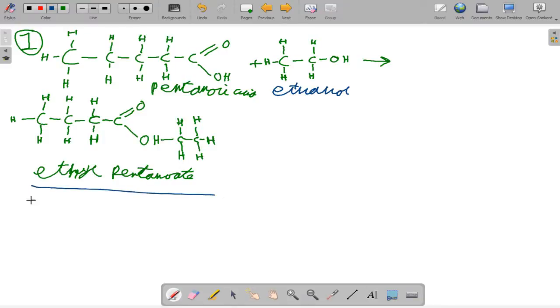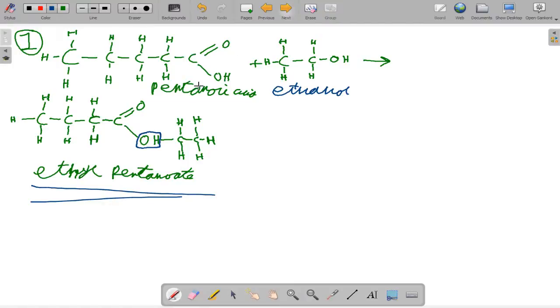Then this makes the product ethyl pentanoate, where the ethanol has created a carboxylic acid group here with CH2 and CH3 group adjacent to the OH here.